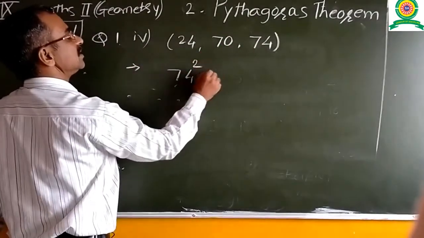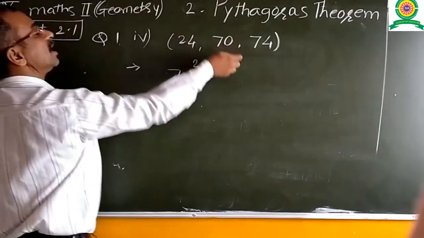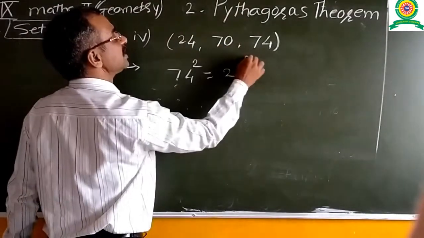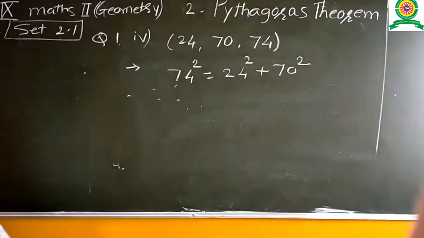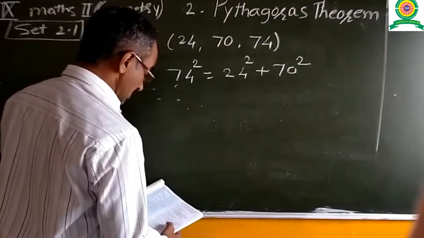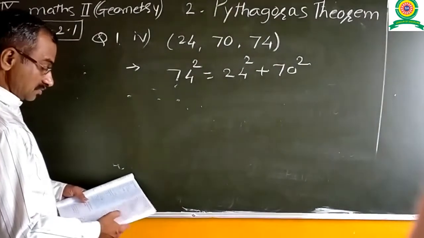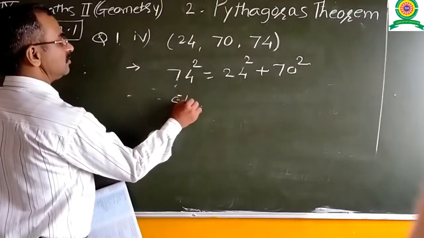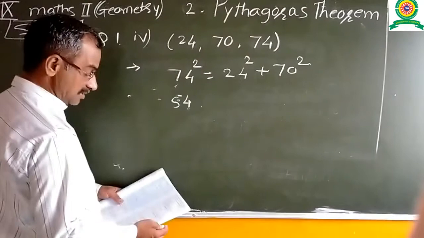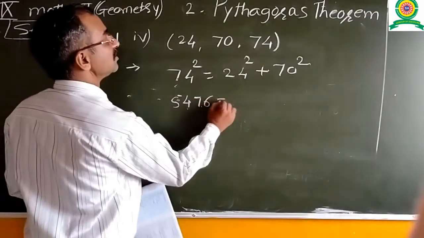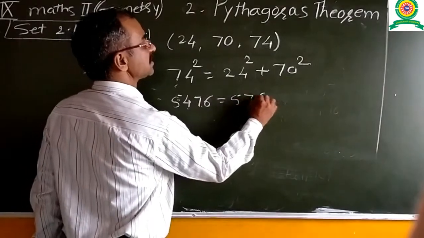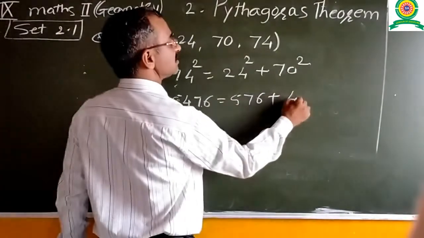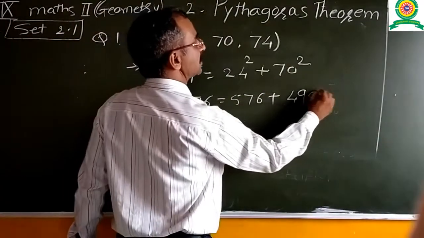Its square should be the sum of the squares of the other two numbers, 24 square and 70 square. 74 square is 5476. 24 square is 576 and 70 square is 4900.